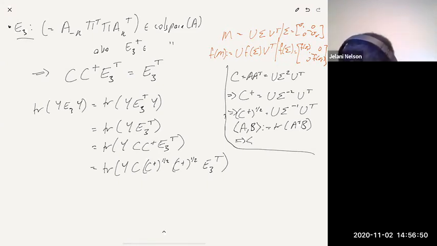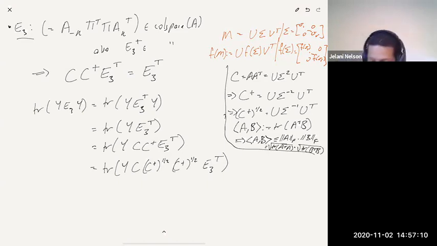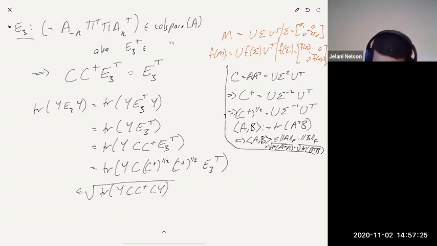So Cauchy-Schwarz for this inner product is at most the Frobenius norm of A times the Frobenius norm of B, which, if you remember what Frobenius norm means, is the square root of the trace of A transpose A times the square root of the trace of B transpose B. That's just what Frobenius norm is. So if you apply that Cauchy-Schwarz here, you get that this is at most the square root of the trace of Y C plus Y, times the square root of the trace of E3 C plus E3 transpose.